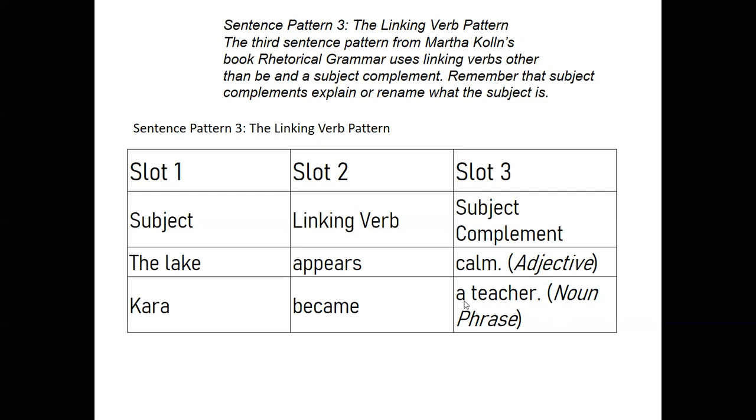After the sentence subject, a linking verb fills slot two, the middle. A linking verb is typically a verb of the senses. Appears is not an action. The lake appears calm, like it seems calm now. So it is not an action but a sense. Kara became a teacher. Became is not an action.